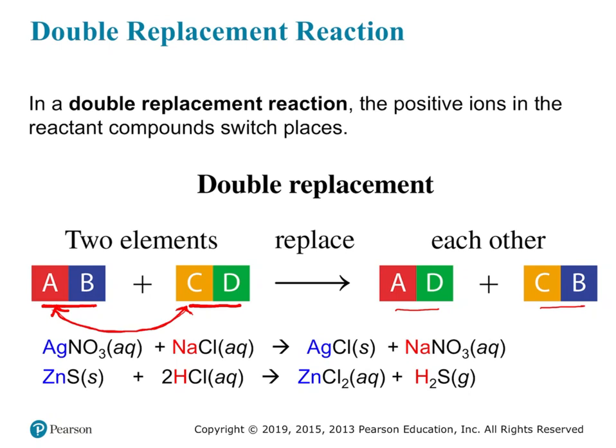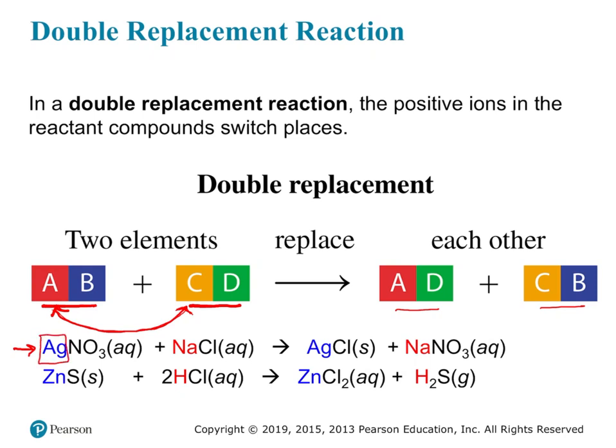So one example shown below, we have silver nitrate and sodium chloride, so AgNO3 and NaCl. And the metal elements are going to change places.